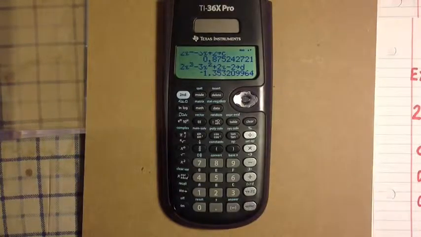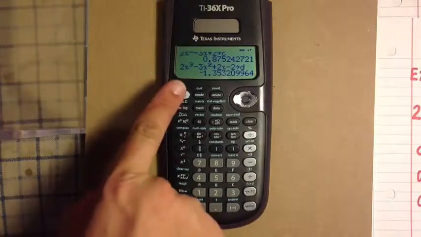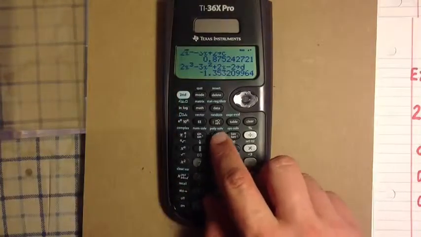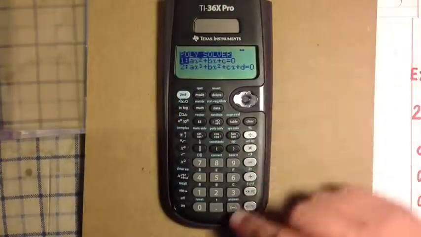I'm going to go ahead and go into the polynomial solver, which is accessed by hitting second and the cosine key. Select option 2.